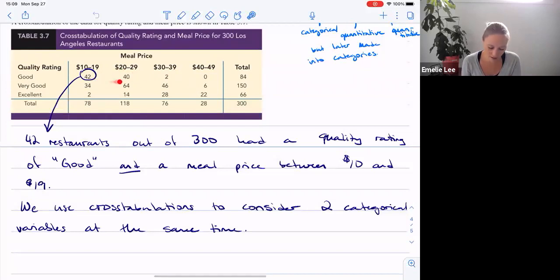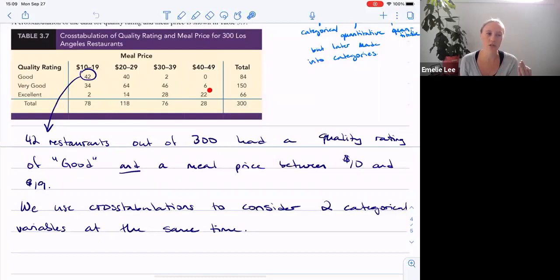Now, there were a ton of different things that we could say about this cross tabulation, right? We focused on this 42, but if we look at this 6, for example, there were 6 restaurants that had a rating of very good and a pricing between $40 and $49, right?